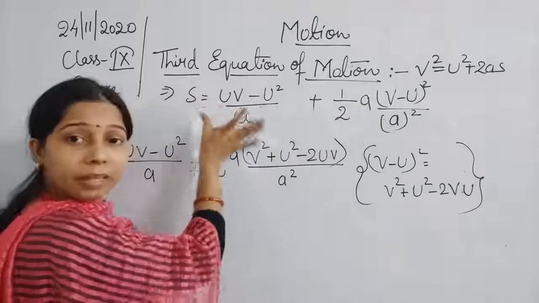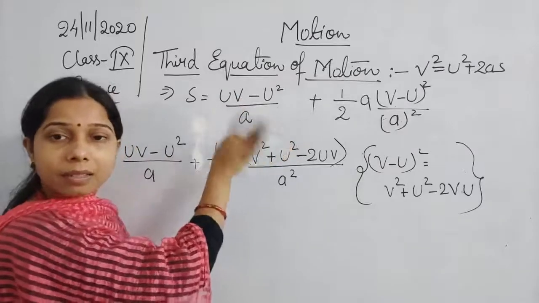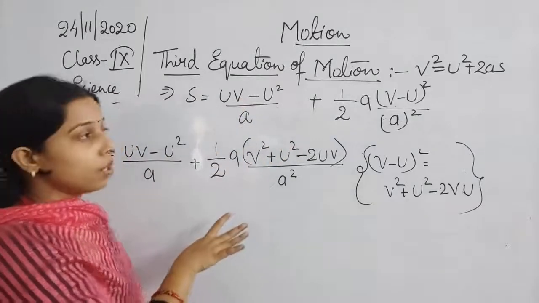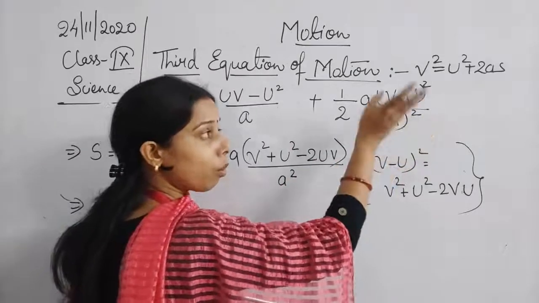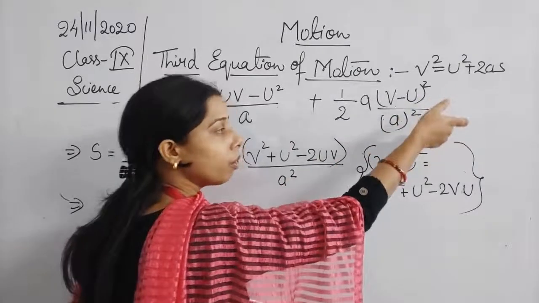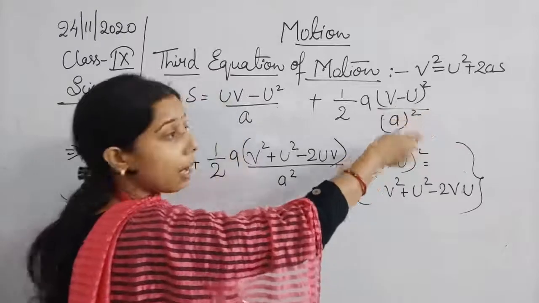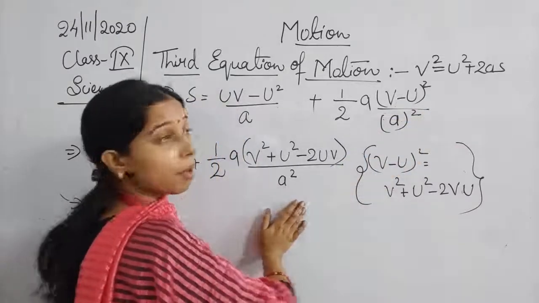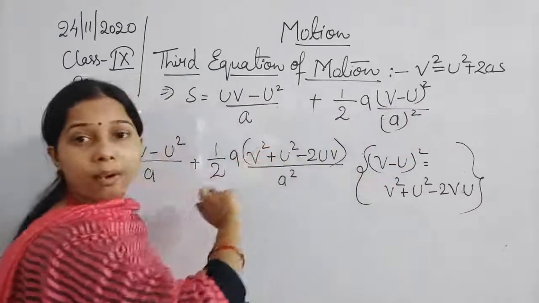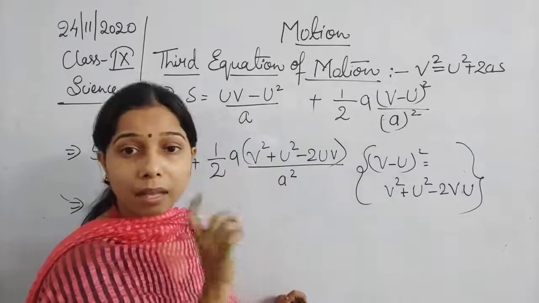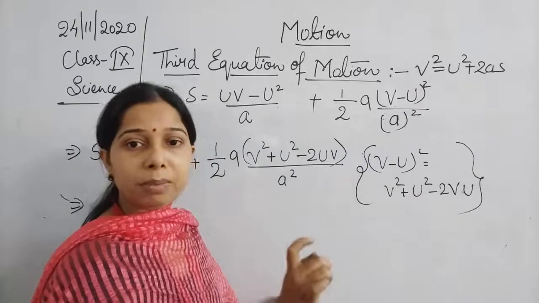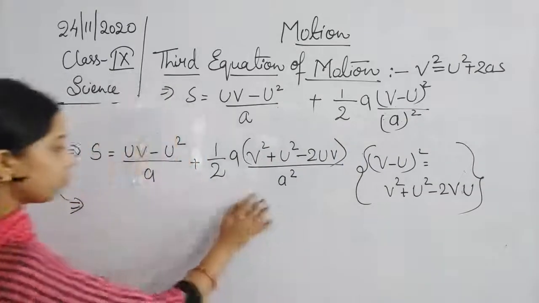Now I am opening the bracket and then solving it. Okay, so it was V minus U the whole square, so you can also write it as V minus U whole square upon A square. Okay, now A square will remain the same, but V minus U whole square can be written as (a minus b) whole square, and that will be equal to a square plus b square minus 2ab. Okay, so same thing here.